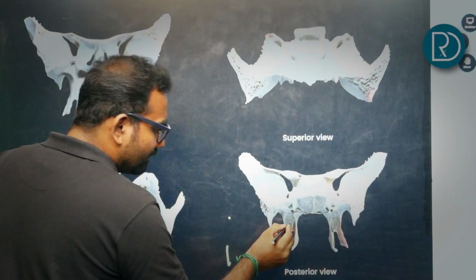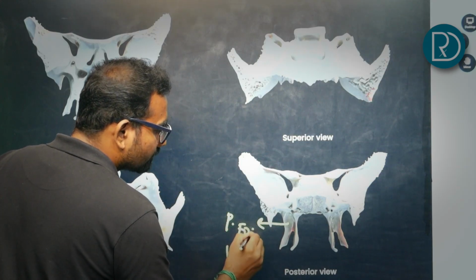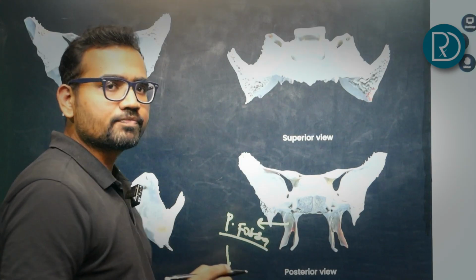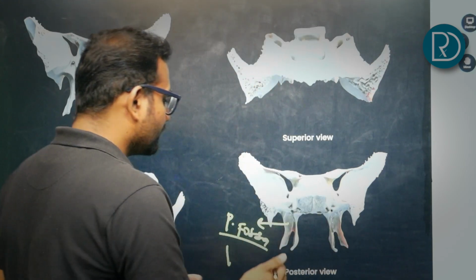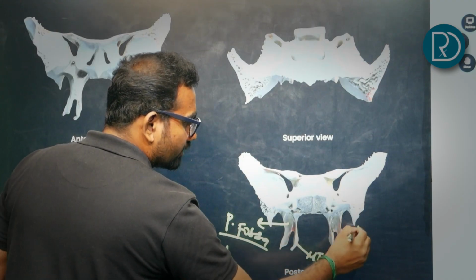I just erased it for your view. The pterygoid process has a pterygoid fossa in it. The medial pterygoid muscle passes through it, and it also gives attachment to the tensor veli palatini. So we have the medial pterygoid process and the lateral pterygoid process.